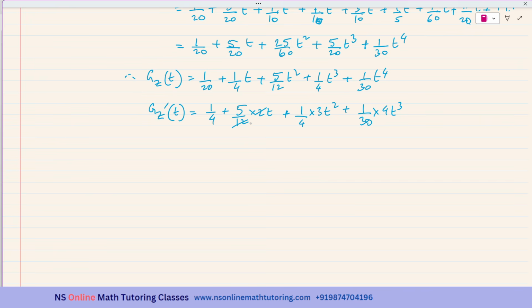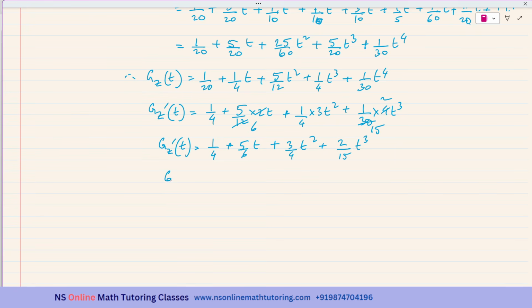And these two can get cancelled, and this one can also get cancelled. So it is 1/4 plus 5/6 t plus 3/4 t² plus 2/15 t³.